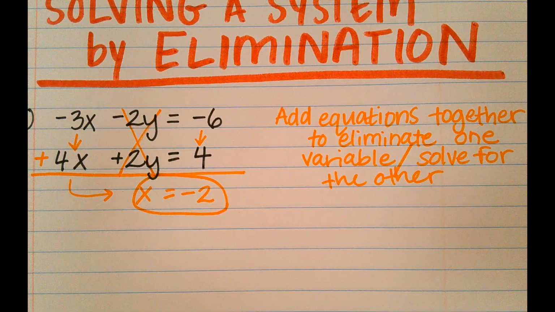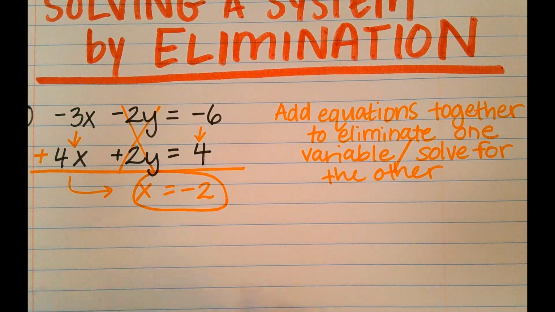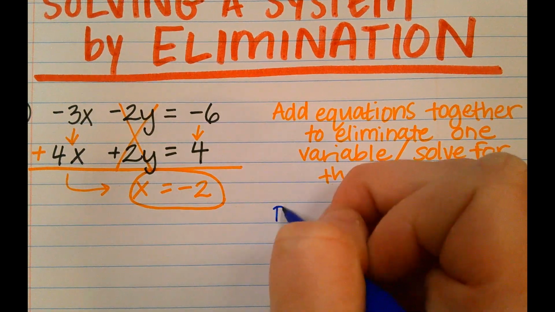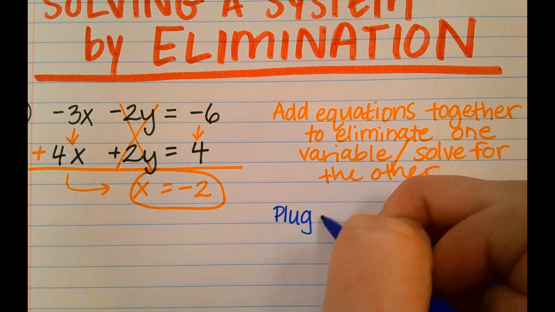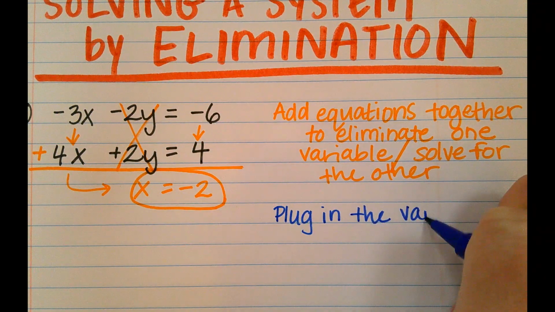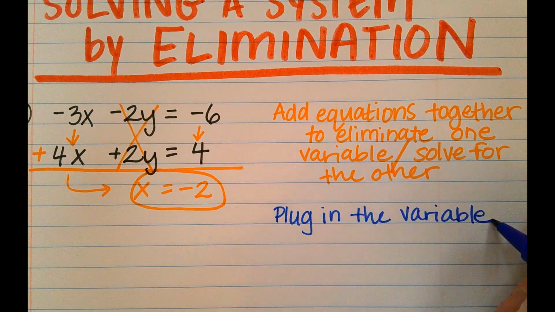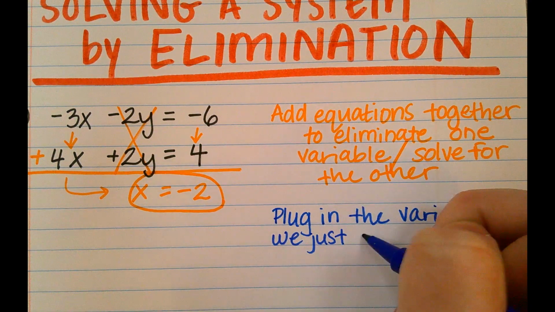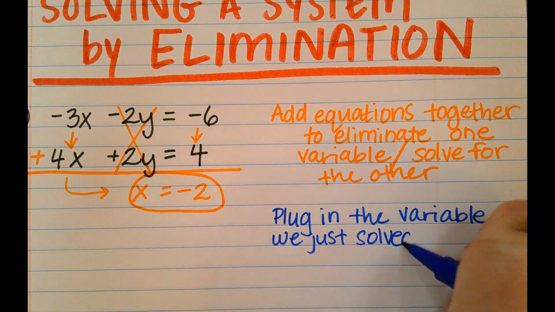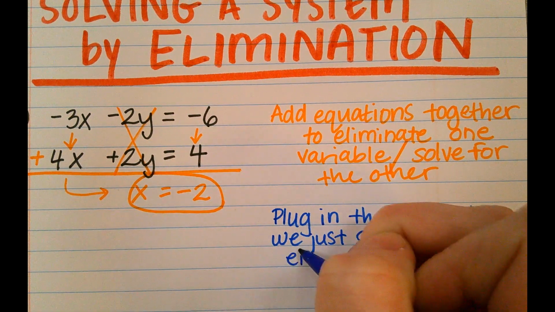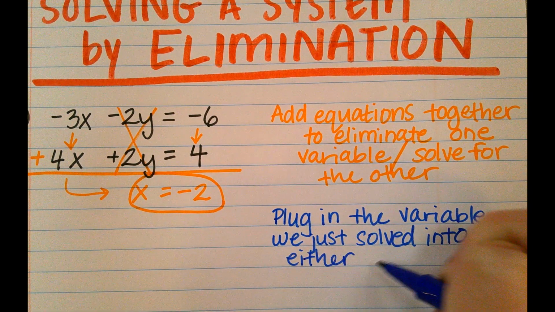Now that we've solved for x, we're going to use this x to find y. And what we'll do is we will plug in the variable we just solved for into either of the original equations.